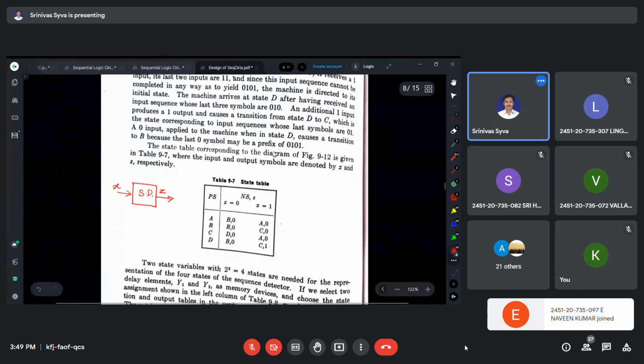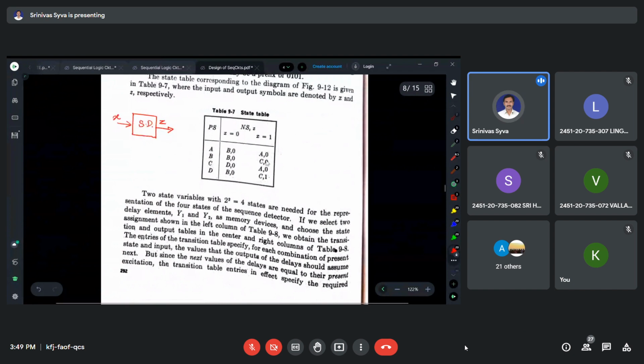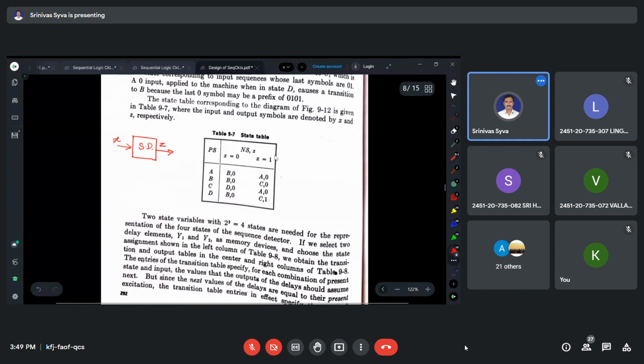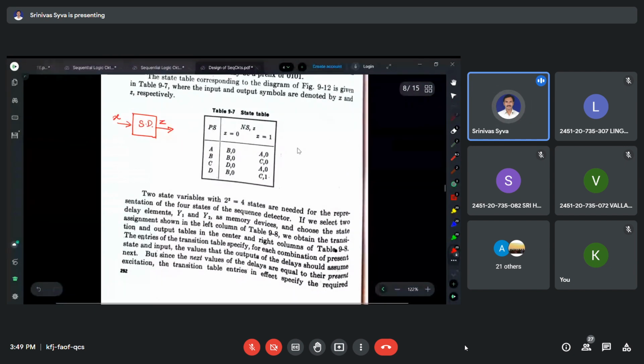Then next, after this, we have to represent the states of the machine by some devices. Here we have 4 states, so 2 flip-flops are required.